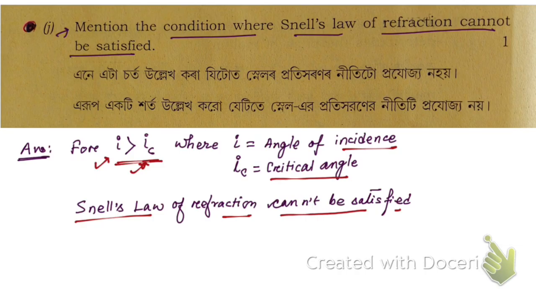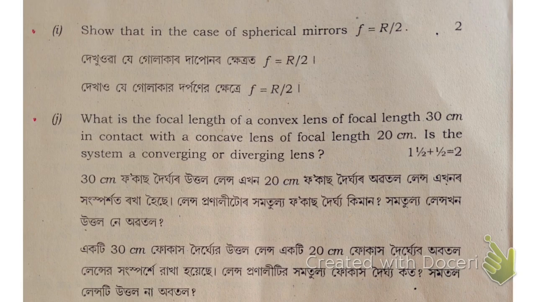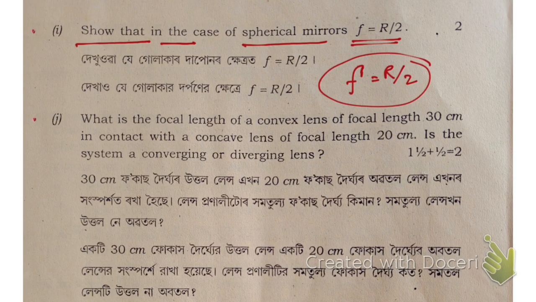Now let me check the next question asked in the same year from this chapter. Here you see, in the case of a spherical mirror, f is equal to r by 2, and this has to be proven.